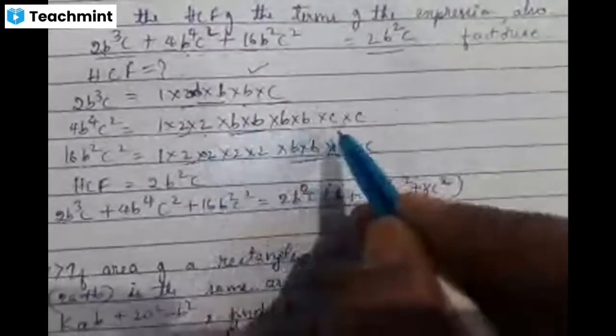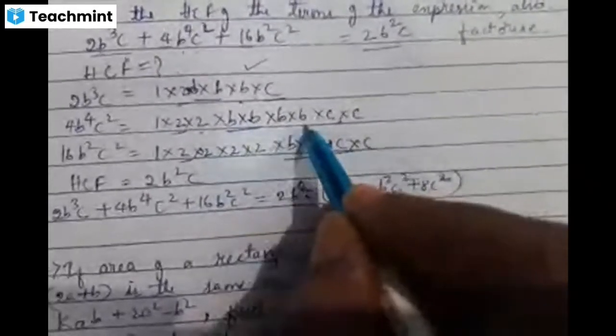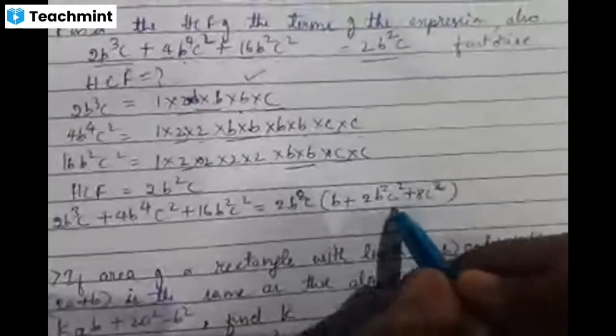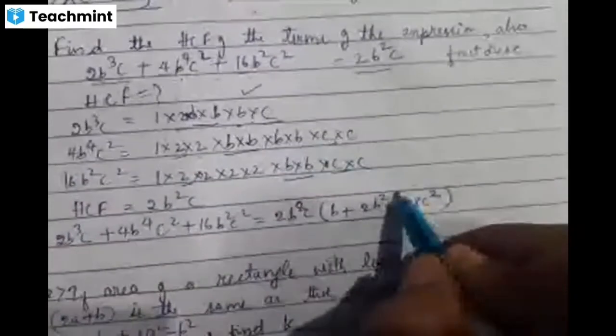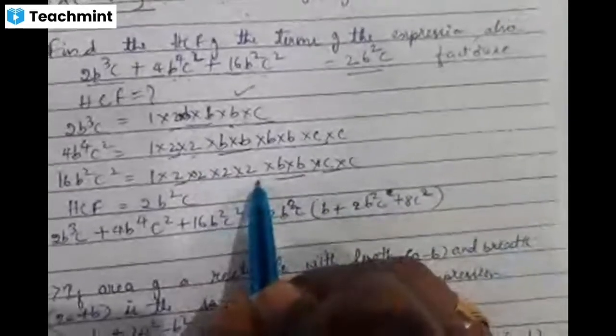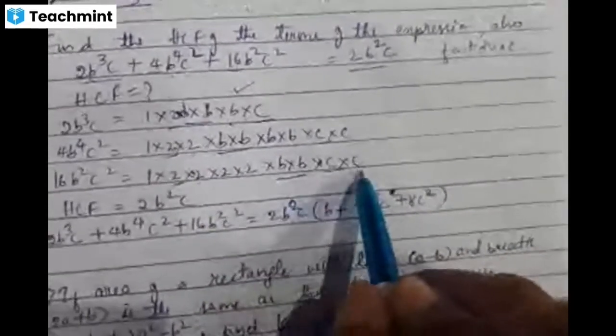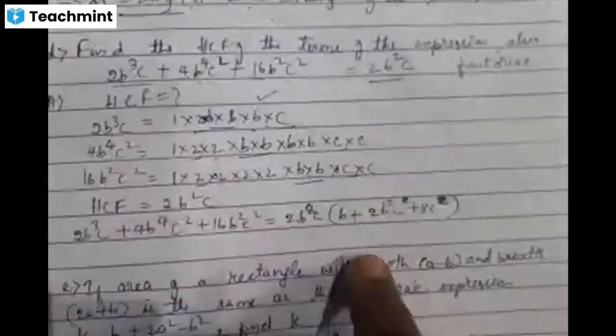B plus 2 into B square and C, so 2B square C. Because 1C is taken out, only 1C will be left, children. Then plus 2 into 2 into 2 is 8C again. So in this way, we find the HCF and also factorize.